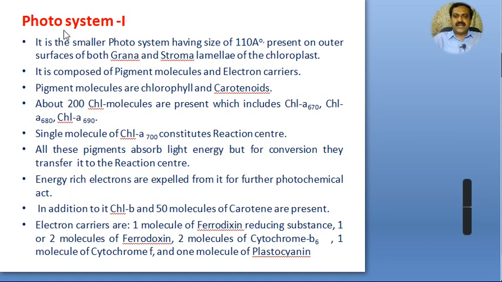Coming to the first one, photosystem 1 or pigment system 1, it is very small in size when compared to photosystem 2. The size of photosystem 1 is about 110 angstroms, usually present on the outer surface of both grana lamellae and stroma lamellae of the chloroplast.